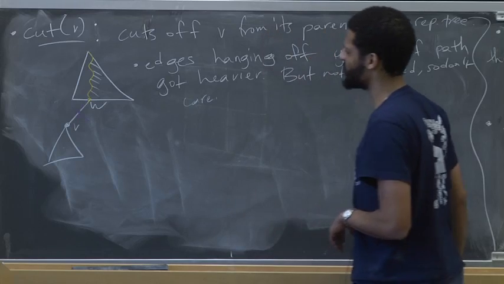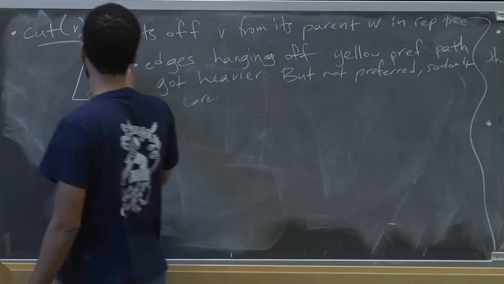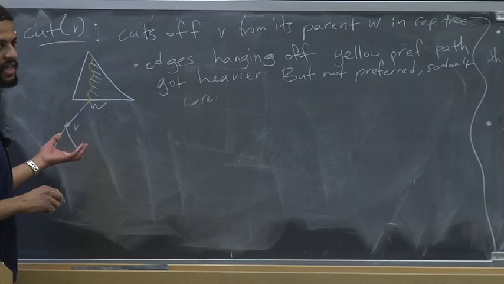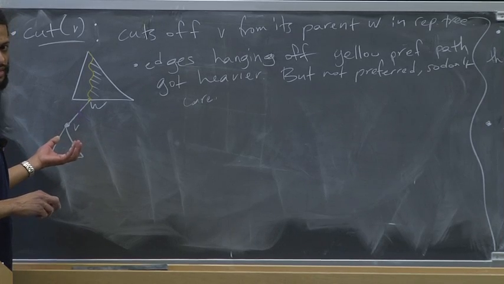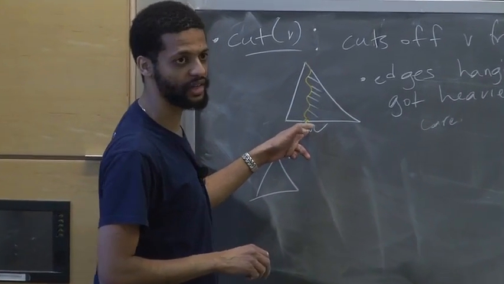Even if they were preferred, I guess we wouldn't care because we don't care about heavy edge creations. But the edges in the yellow path now got lighter, right? They got lighter because we cut this out. So there might be some number of light preferred edge creations along this yellow path.